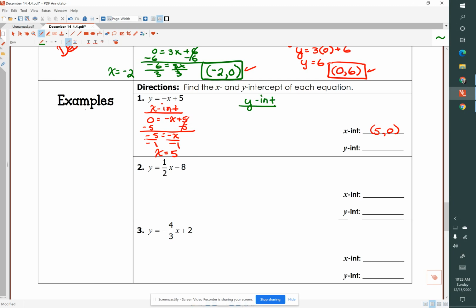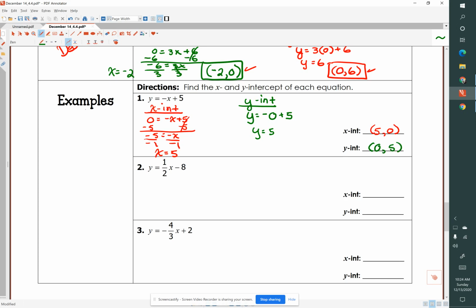So we substitute 0 for x. We set x to 0 and solve for y. So now negative 0, there's no such thing as negative 0, it's just 0. So y equals 5. So the y-intercept is 0, 5.